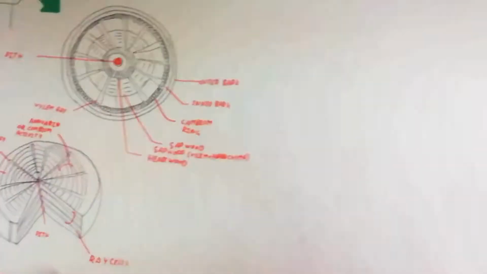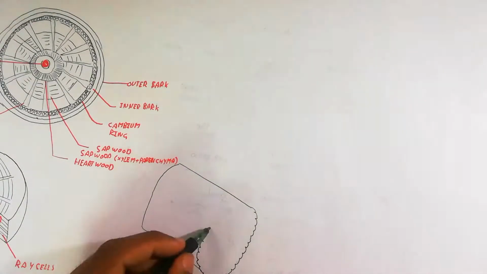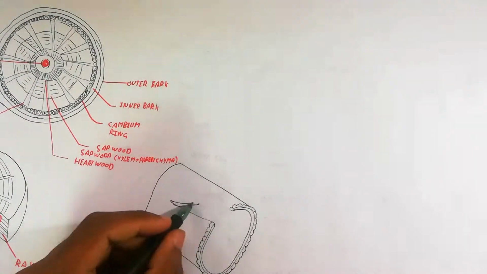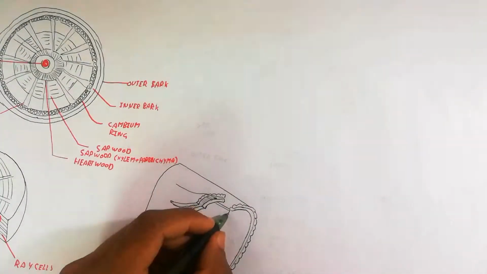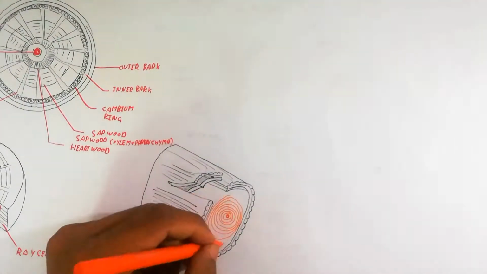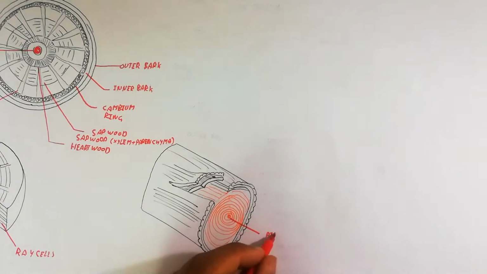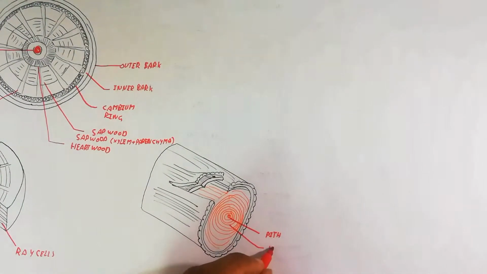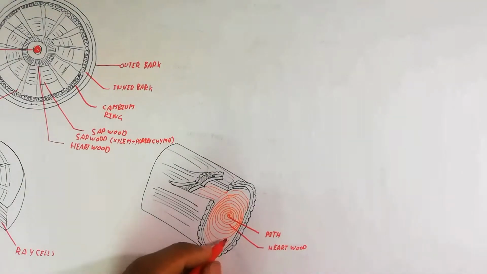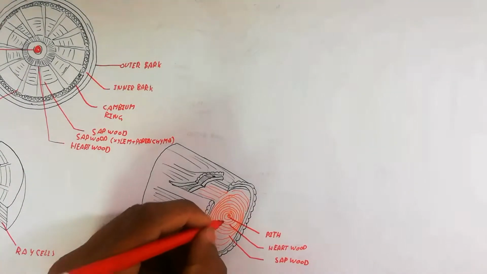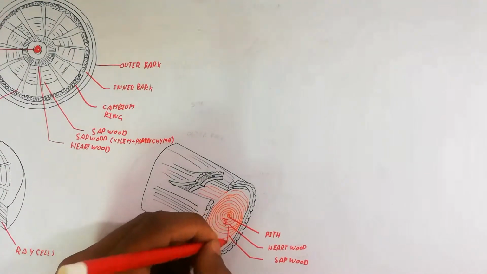The annual ring is shown as a ring-like structure produced by secondary growth. The rings in the wood are due to the secondary growth of the xylem, so xylem layers will be produced. Here is the pith, and here is the ring where the cambium ring is present.